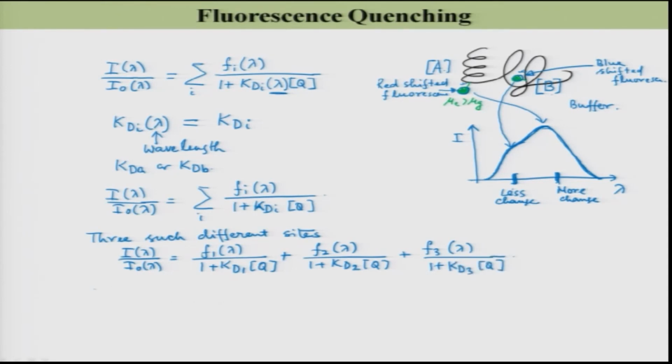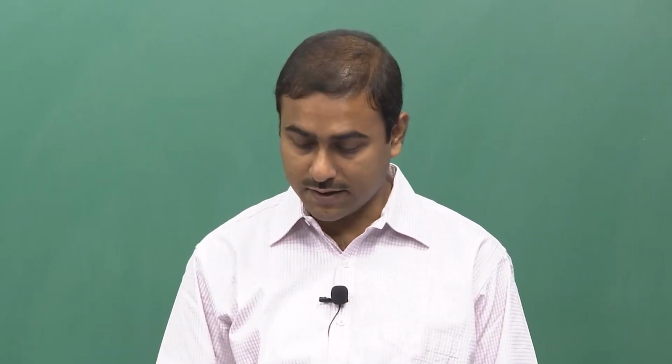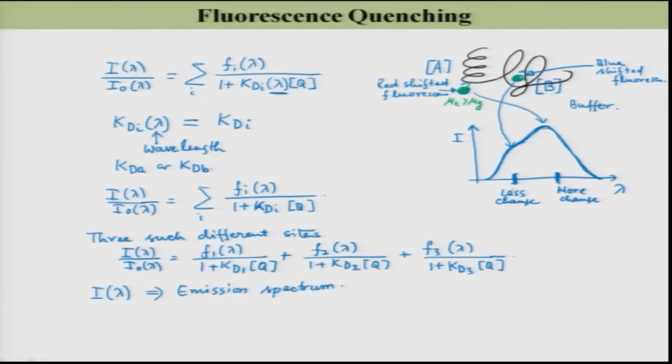Now, if I lambda denotes my emission spectrum, this I lambda has the components of 3 different species. In this case, you see, this is for F1, F2 and F3.